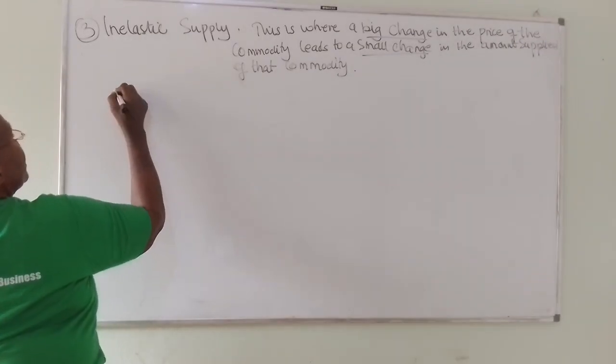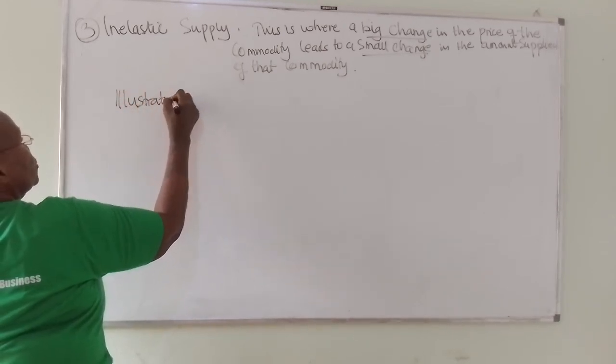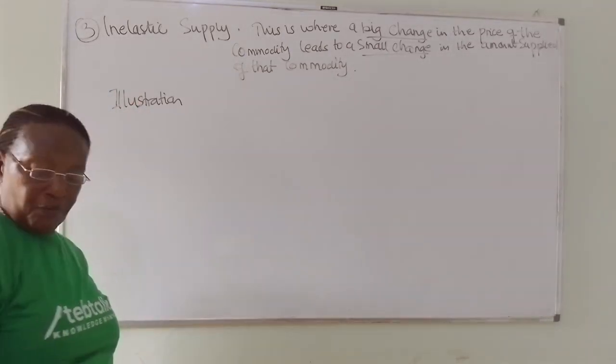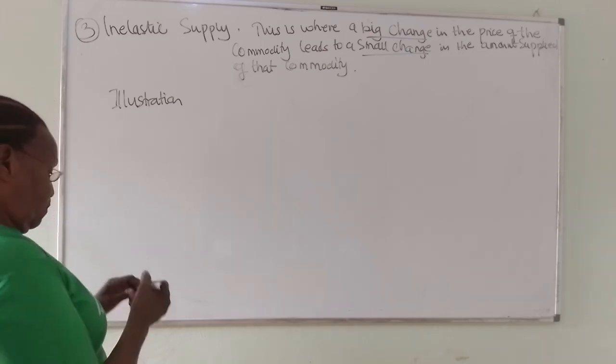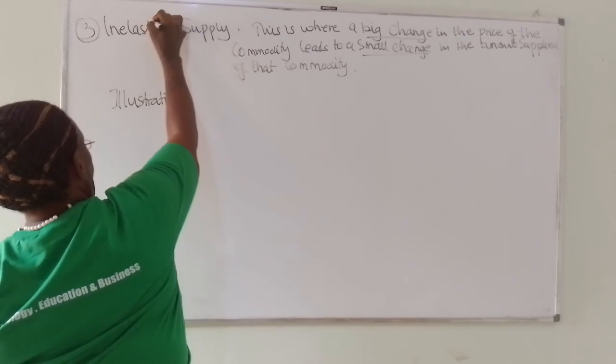And it can be observed more clearly using an illustration. So we can illustrate our elasticities, and we can understand it better with an illustration. How do we illustrate inelastic supply?